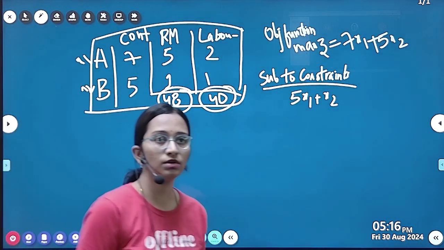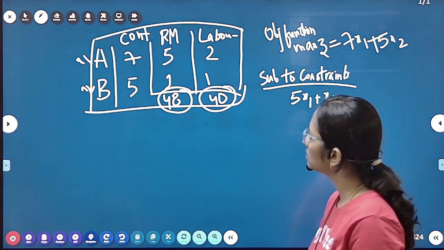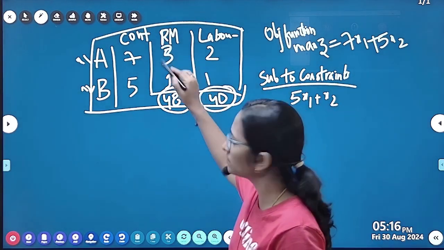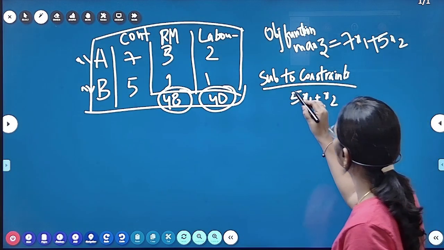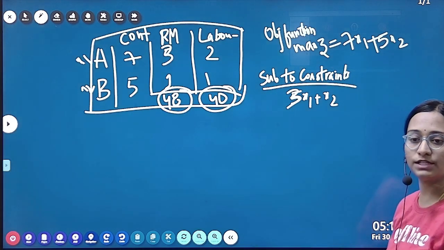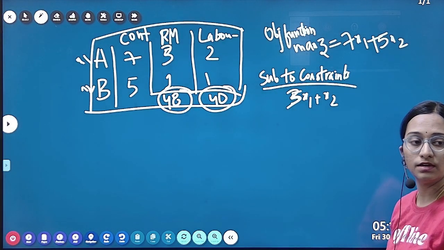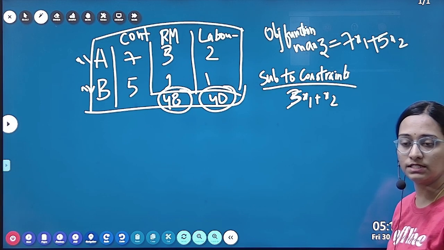Raw material is 3 units, not 5. Okay, 3x1 plus x2. What should we keep, greater than symbol or less than symbol?